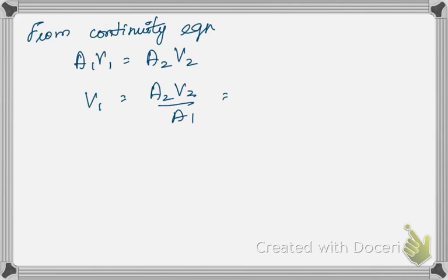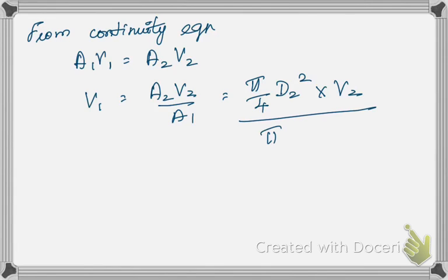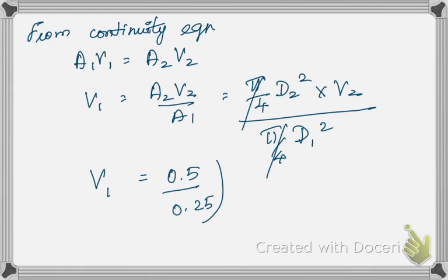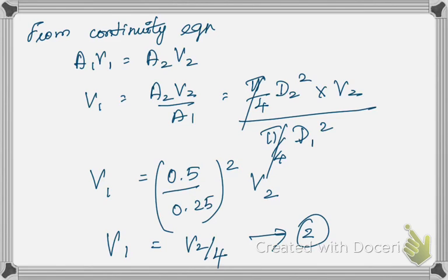Similarly, this will be equal to pi by 4 d2 squared into V2 divided by pi by 4 d1 squared. So I can cancel it out. V1 will be equal to (0.25 by 0.5) the whole square into V2, so V1 will be equal to V2 by 4. I will keep this as the second equation, or directly you can substitute your A1, A2 values and get the relationship between V1 and V2.